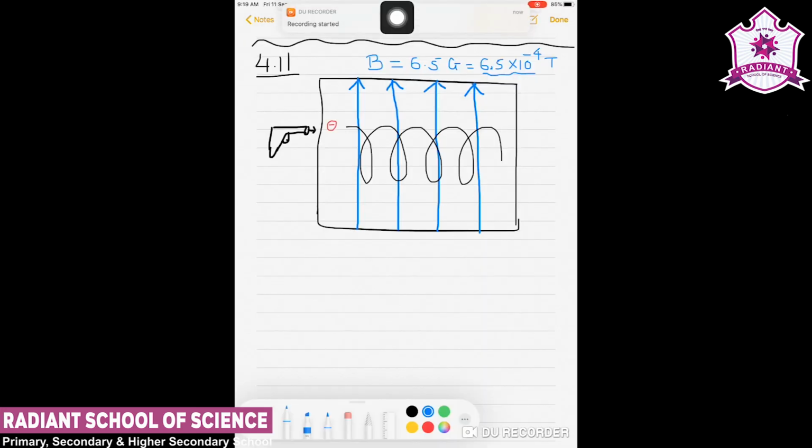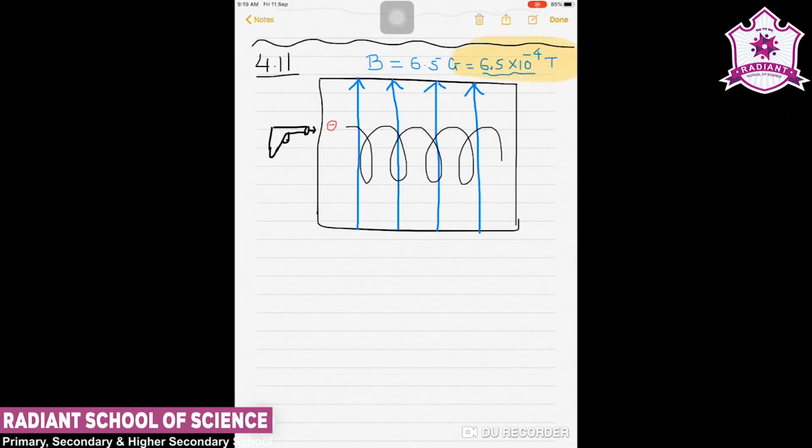Hello friends, now we will see the next example, that is example number 4.11. In this question we are given that in a chamber a uniform magnetic field of 6.5 Gauss, that is 6.5 into 10 raised to minus 4 Tesla, is prevailing. So this is the value of the magnetic field.